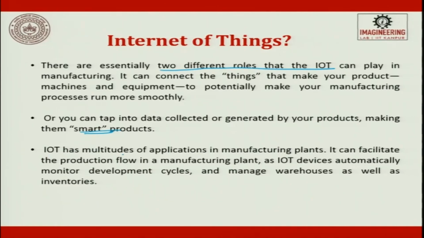IoT has multitudes of applications in a manufacturing plant. It can facilitate the production flow in a manufacturing plant as IoT devices automatically monitor the development cycle and manage the warehouse as well as inventory. So, what they are trying to say is you have a warehouse, and let us assume there is a sales counter.